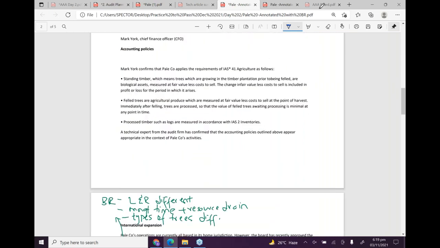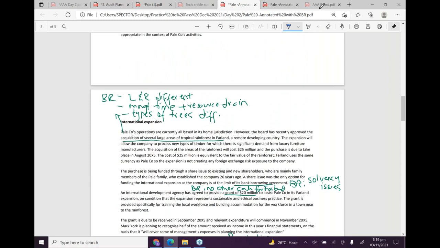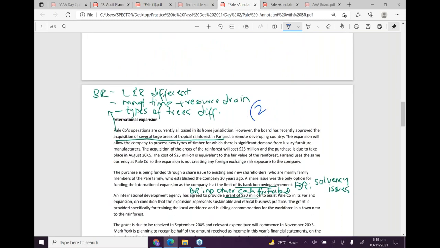Kept scrolling through the entire first page. Very surprised to note that some of you missed this out. The fact that you are going for acquisition in a remote country with new types of timber leads to a number of potential problems. The laws and regulations are going to be different.